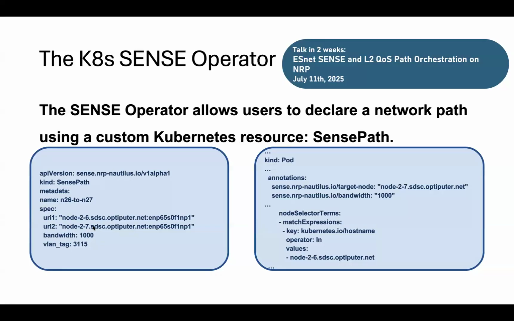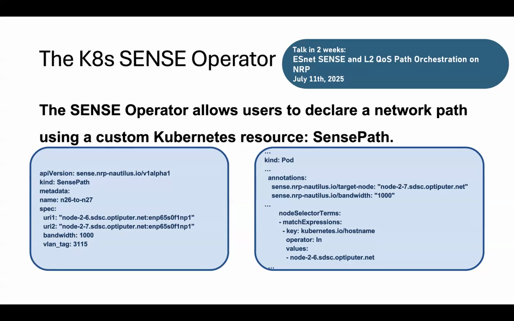By specifying a simple YAML such as this, users are able to start a path between the interface on this one and the interface on this one, with a bandwidth of, for the sake of example here, 1 gigabit per second. That is guaranteed quality of service bandwidth, courtesy of the ESnet SENSE Orchestrator. And users have the ability to either specify an explicit VLAN tag.